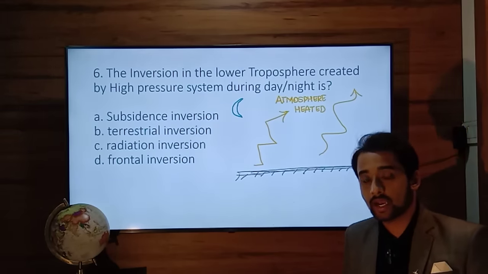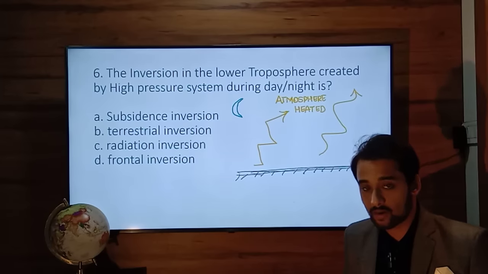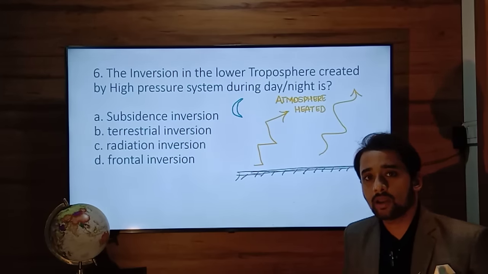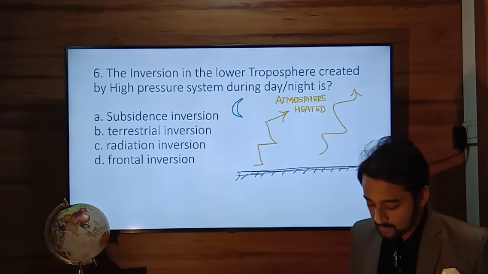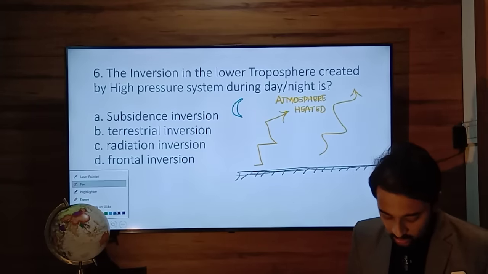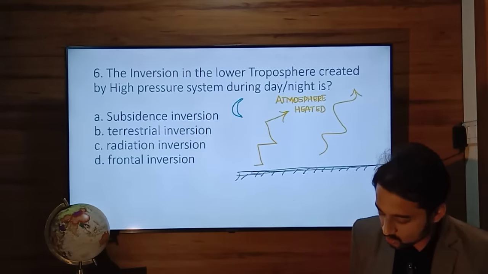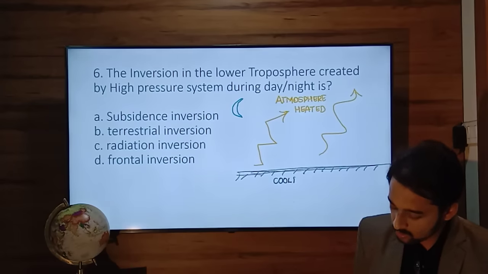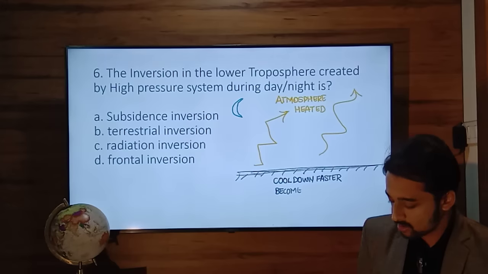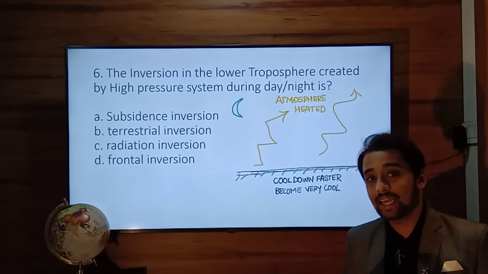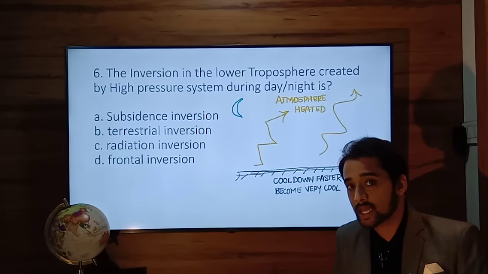Now when this terrestrial radiation is maximum, whenever this terrestrial radiation on a particular day or night is happening at a great rate or very efficiently, the land will cool down faster and will become very cool.